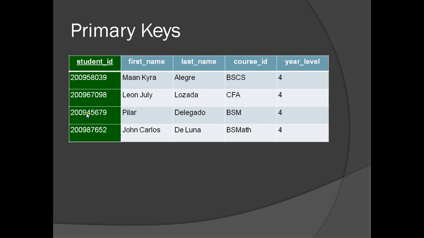What is 2009-45679's last name? That would be Delegado. It's like that. Even if there are 2 or more students with last name Delegado, the PK will refer to this row only. That's why PKs need to be unique and mandatory. Null values are not allowed.